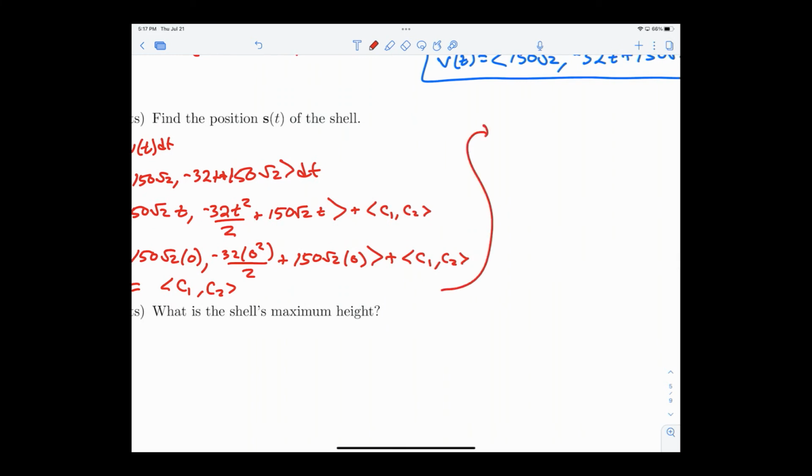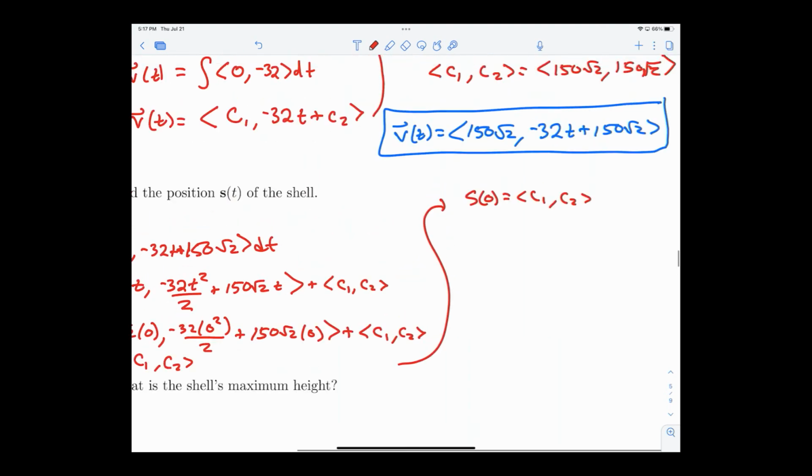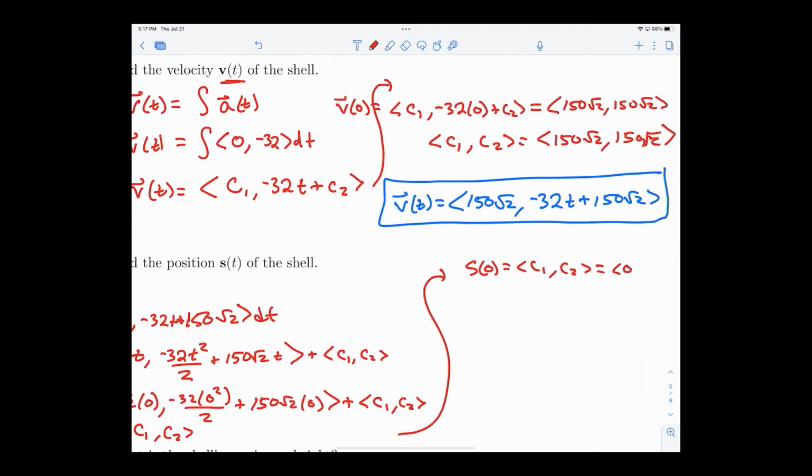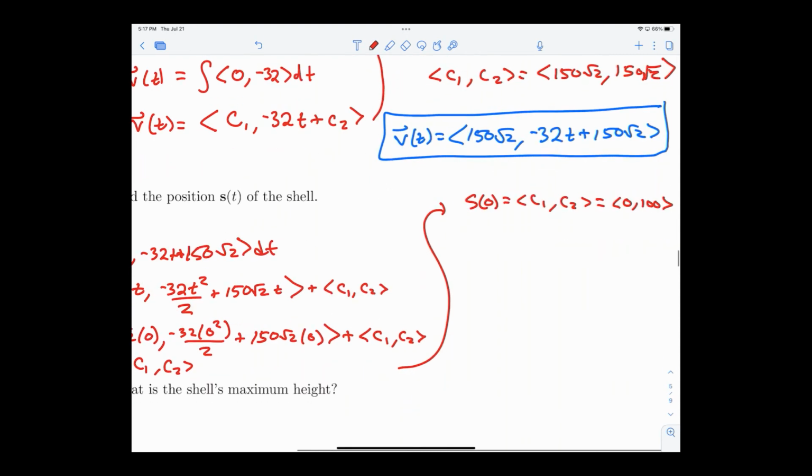But of course, s of 0, which is C1, C2, we found in part B should be 0, 100. So we have the C1 and the C2 there.